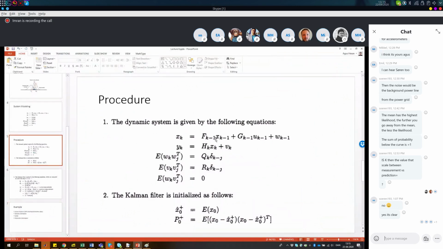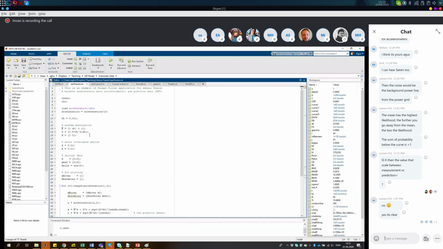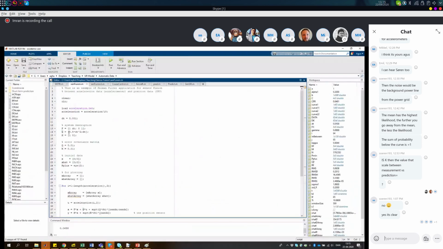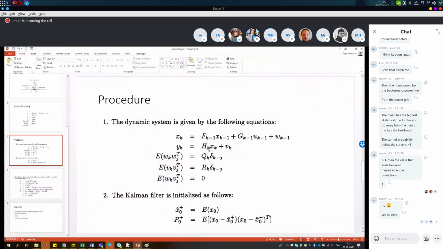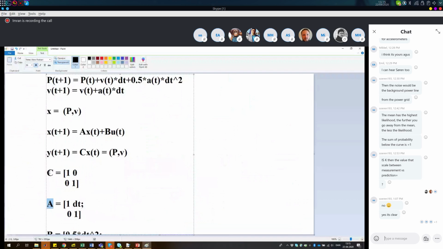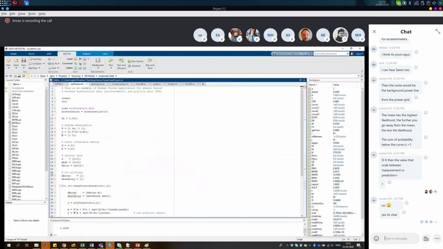And then you also have matrix G, that is for inputs, and H, that is the measurement matrix, or in our previous derivation, that is C. So C is equal to H. Now you have the system description, which is F, G, and H.